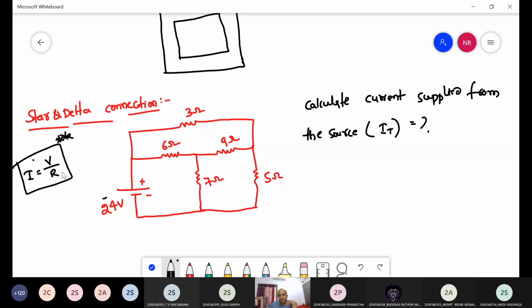Did you observe any? We don't have any series parallel connection. You got my point? Yes, sir. So then we prefer the star delta connection. Here many different stars and deltas are there. Can you find any star or delta?